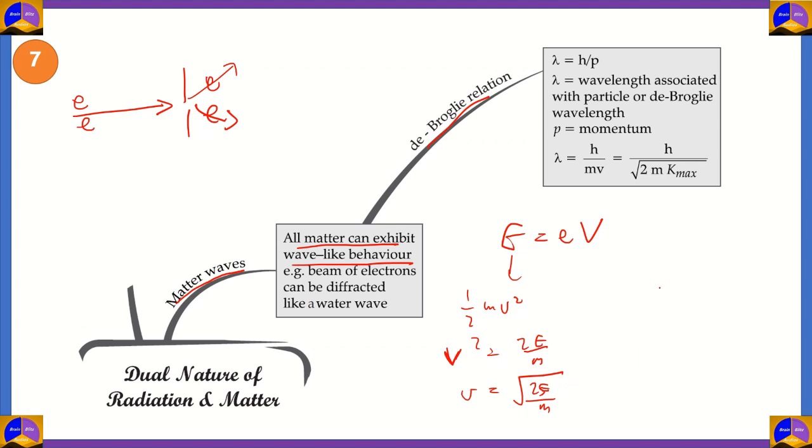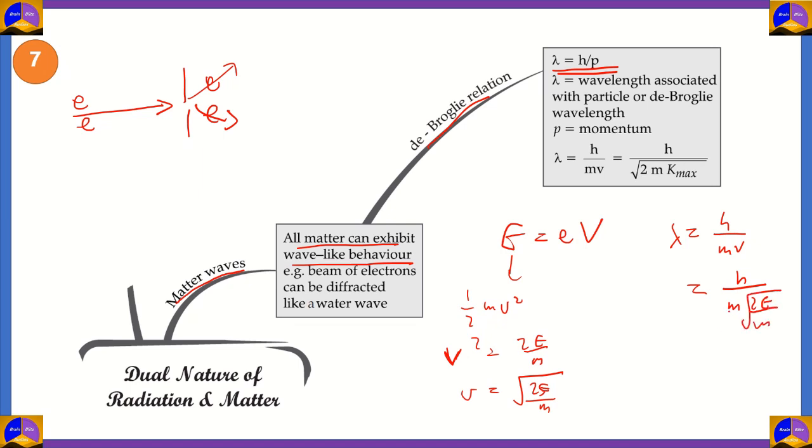Now, de Broglie's relation is given as wavelength is equal to Planck's constant divided by the momentum. So lambda is equal to h by p. h by p can be written as h by mv. Here v, which stands for velocity, can be written as the root of 2eV divided by m.